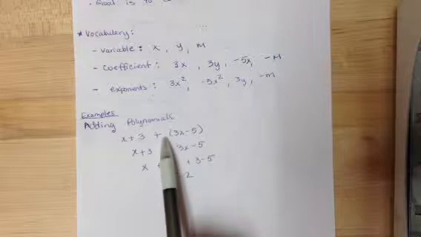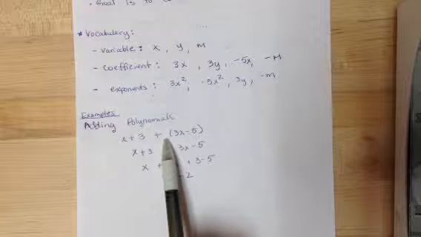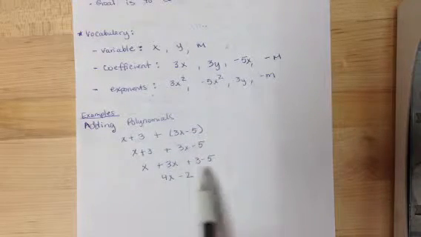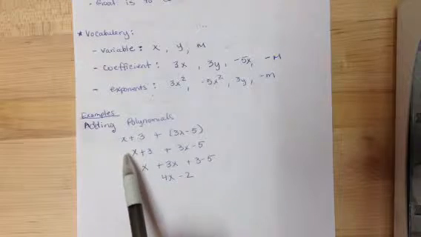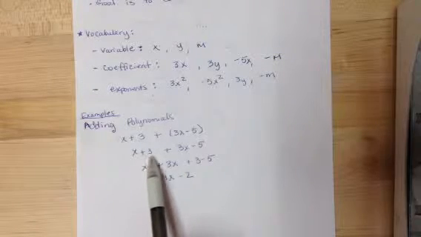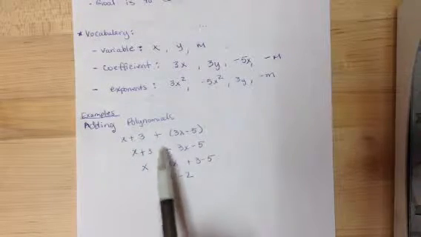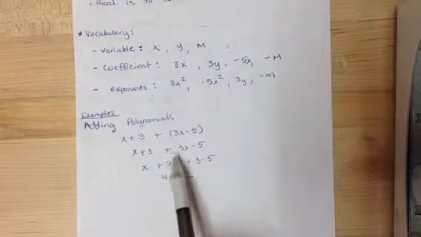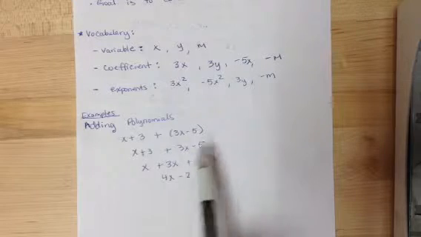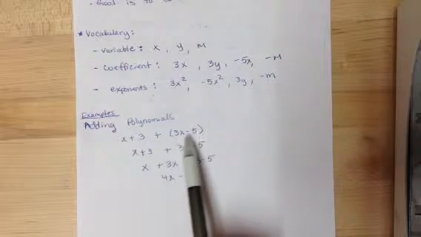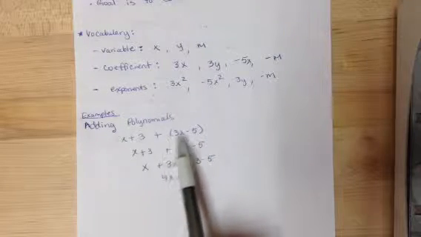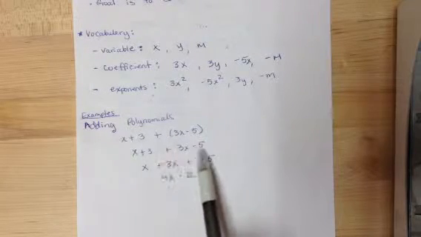There's nothing here, so it's like having a 1. When we distribute, 1 times anything is just what's inside the parentheses. So here we're going to have x plus 3 plus, this plus comes from here. It's like having 1 times 3x is just 3x. Here we have 1 times negative 5, a positive times a negative gives you a negative. That's why we get negative 5.